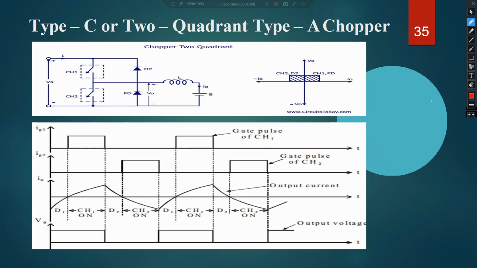If I examine, CH1 is on and D2, this will be the operating region in the graph.